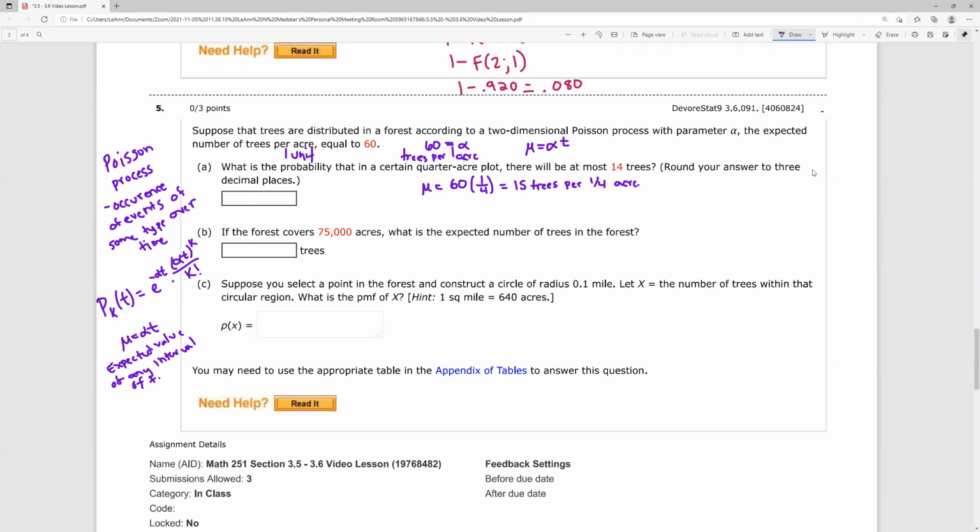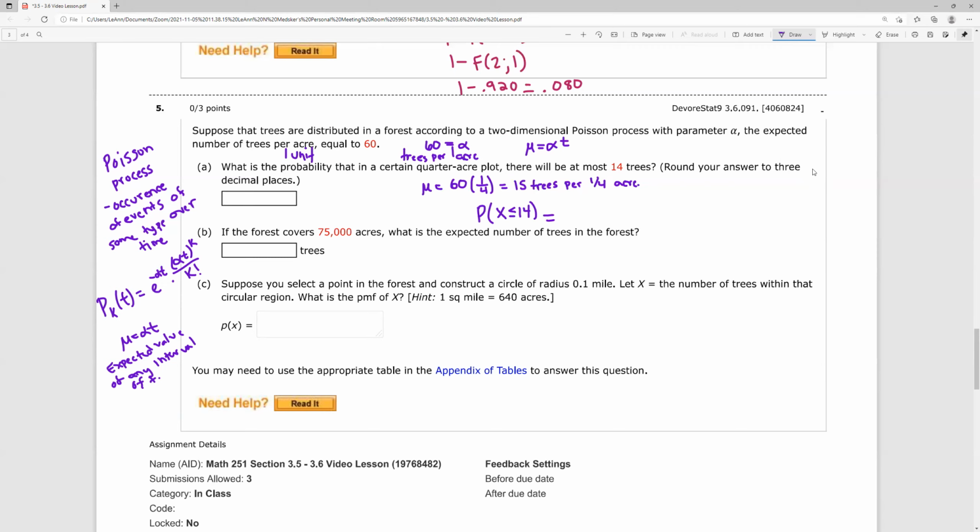Now that just gives us our mu. Okay, that gives us our mu for our formula. It's going to be our exponent here and the base for that k. The probability they want us to do is at most 14 trees. So probability that we have x less than or equal to 14, where we know that we're wanting a cumulative answer here.